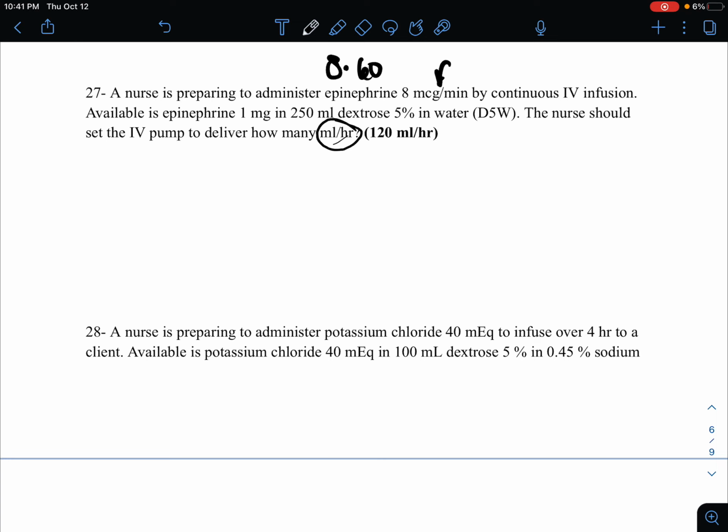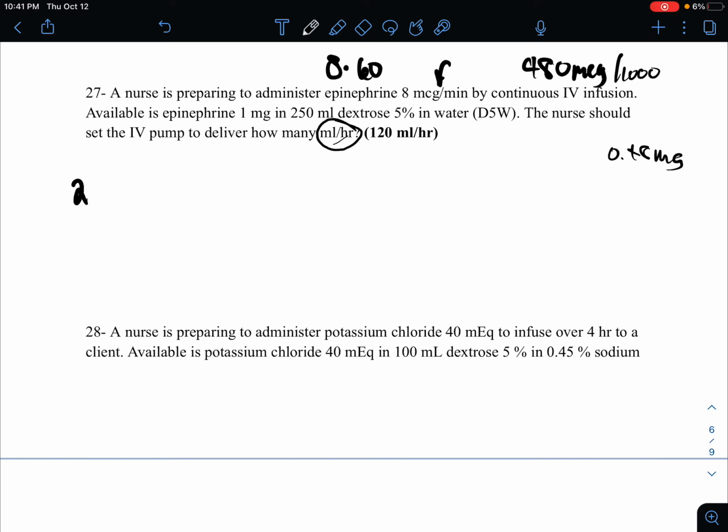8 times 60 equals 480. So we're at 480 mcg, but because we're familiar with working in milligrams, let's convert it to milligrams by dividing by 1,000, and you get 0.48 milligrams. The question is asking how many milliliters an hour.